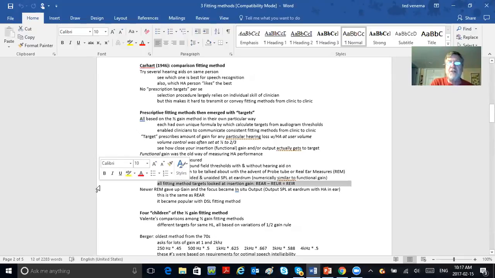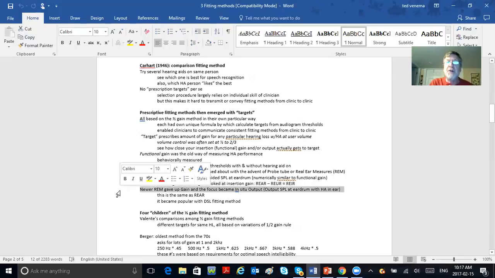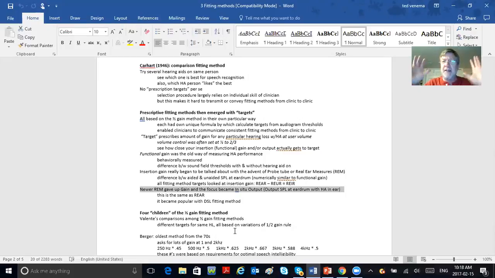All fitting methods began to look at insertion gain as being real ear aided response minus real ear unaided response equals real ear insertion gain. That R should be a little G at the end. Newer, today's real ear measurement gives up gain. It says, who cares about gain?